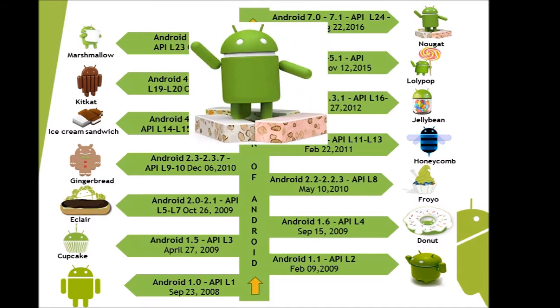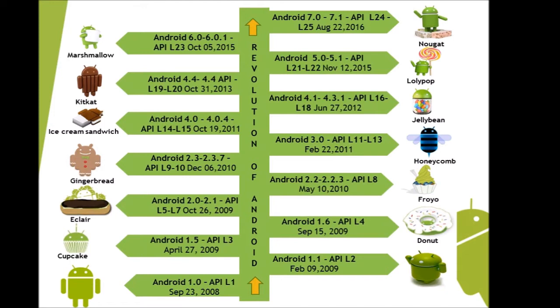These are the code names of Android ranges from letter C to letter N.